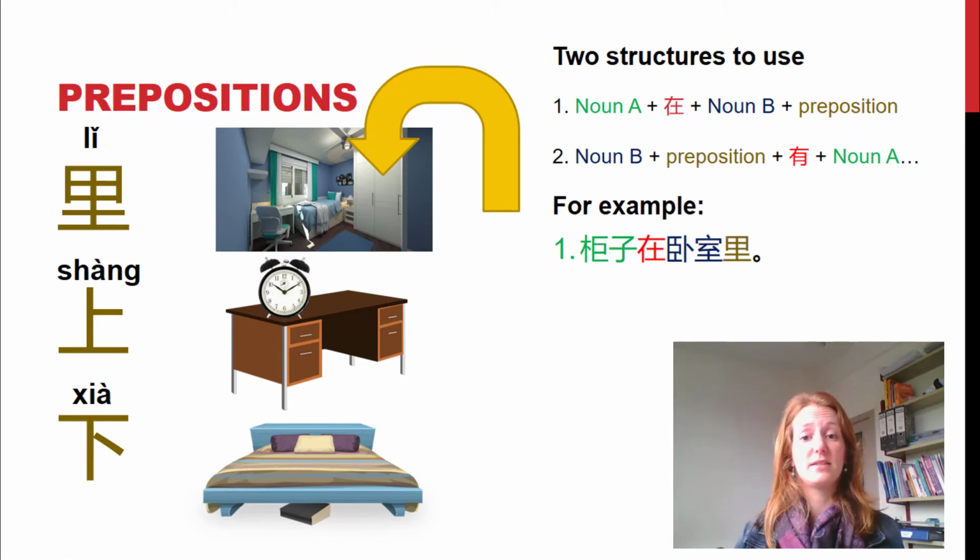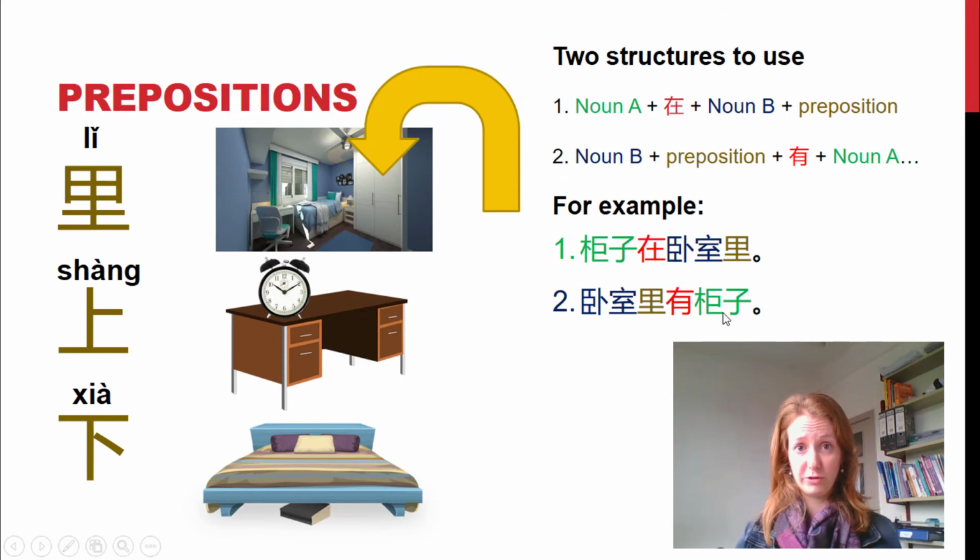So literally this is the cupboard is inside the bedroom. So the preposition always attaches itself to the noun. Okay? So the second example using the second structure, 卧室里, inside the bedroom, 有 has, 柜子, a wardrobe or a cupboard. Inside the bedroom, there is a cupboard.